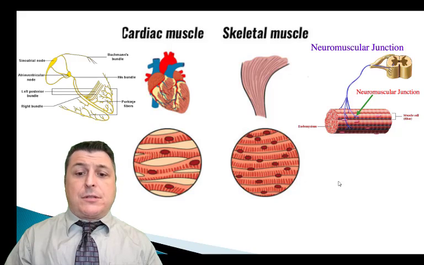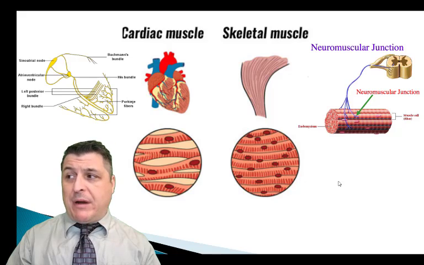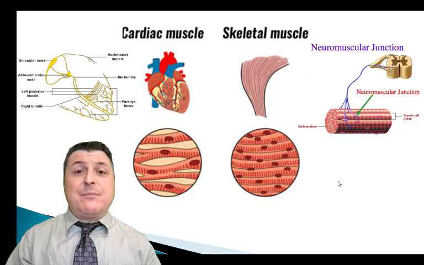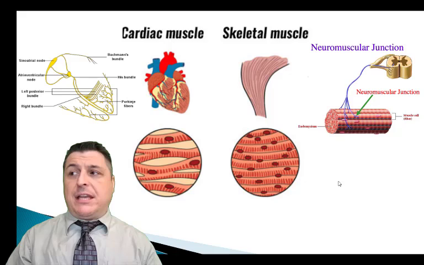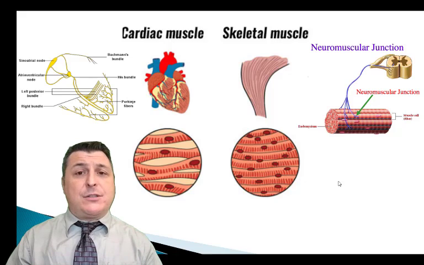Skeletal muscles, the muscles that are connected to your bones, are special in that their operation is voluntary. Basically, our brains have to be able to tell those skeletal muscles to respond. They're going to be stimulated by receiving a signal from our nerves. Whereas the cardiac muscle is self-excitatory and involuntary.